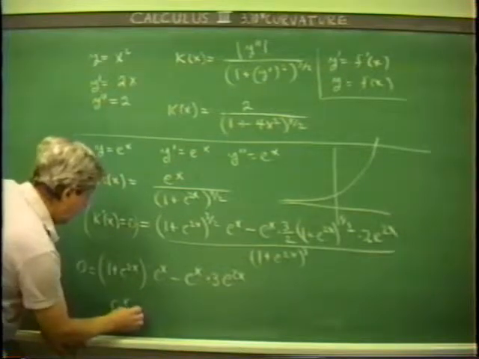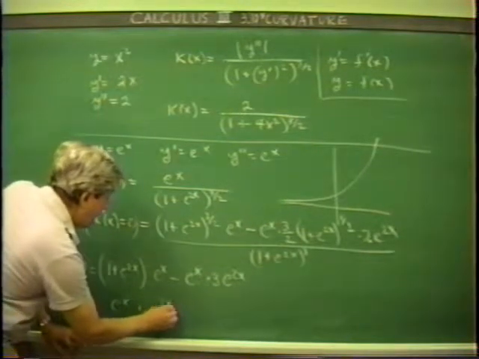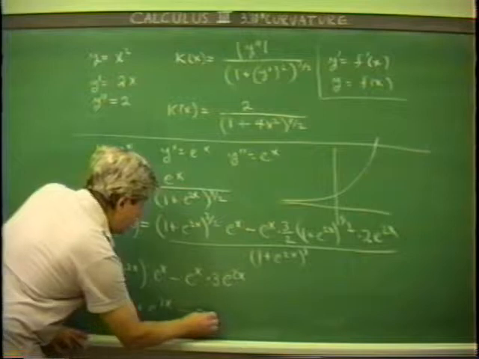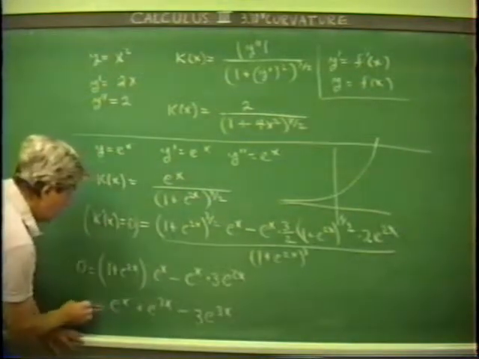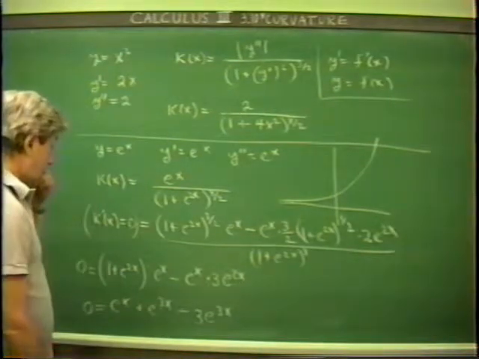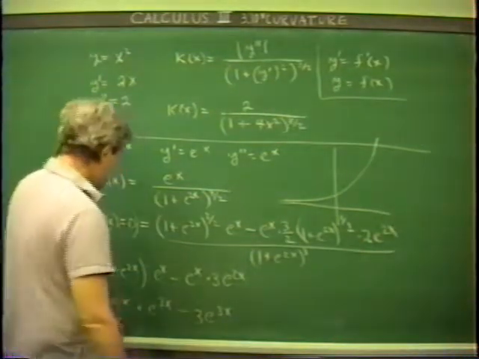We want to know when this is 0. It's equal to e to the x plus e to the 3x minus 3 e to the 3x.